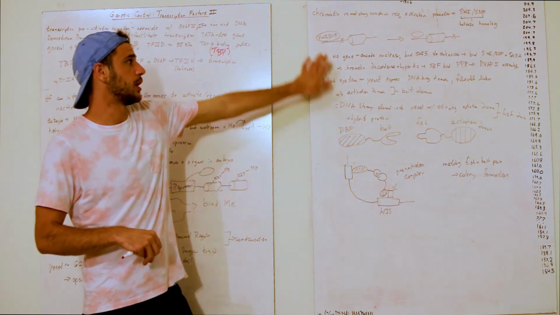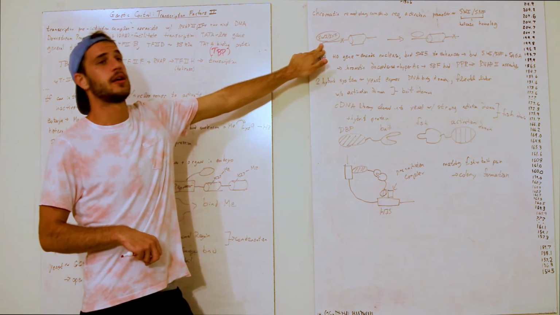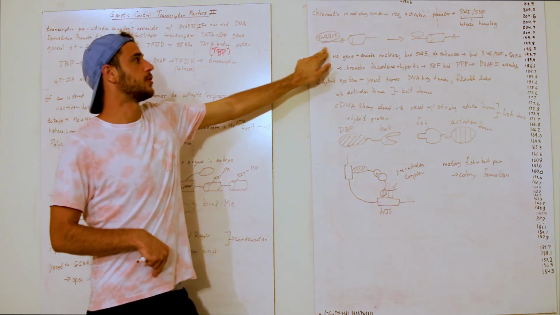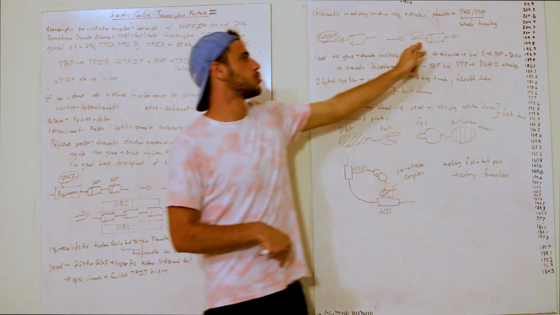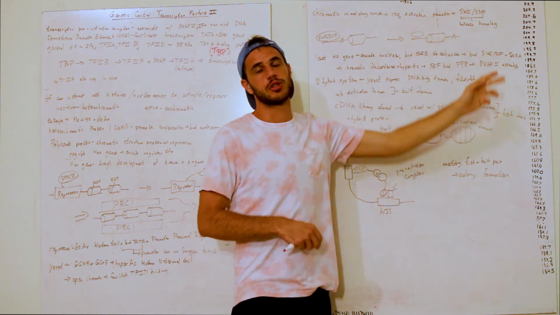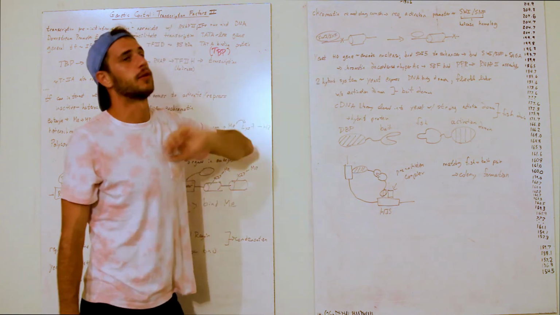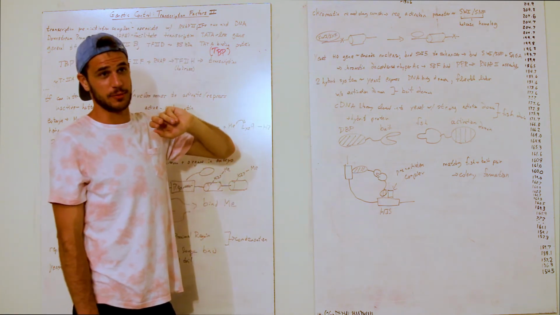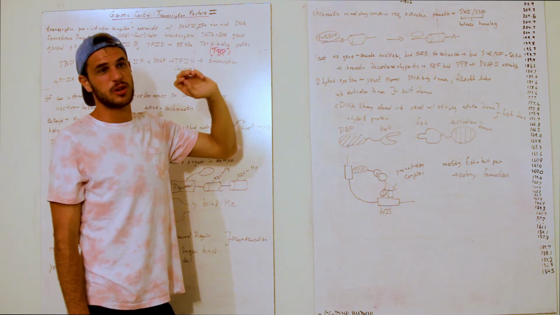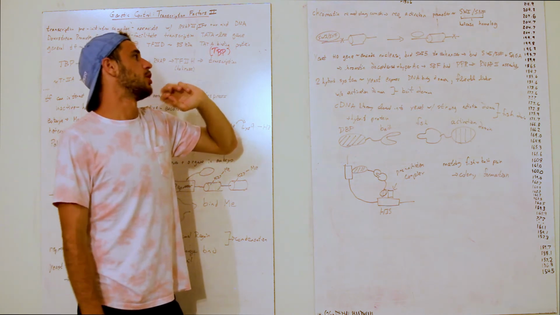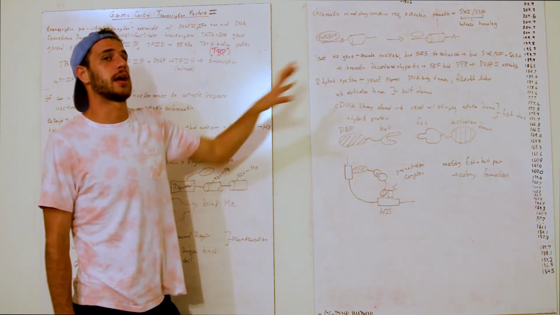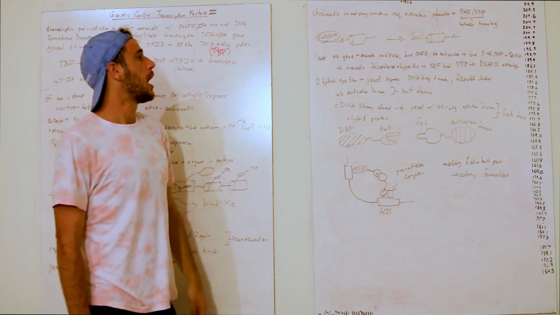Essentially, SWI/SNF binds to a certain part of DNA, and there's a nucleosome nearby, and it translocates that DNA down, essentially moving it all the way down that histone. That's probably an exaggeration. I have no idea how many base pairs it moves, but just know that it translocates the DNA so it can actually access different genes in different regions.